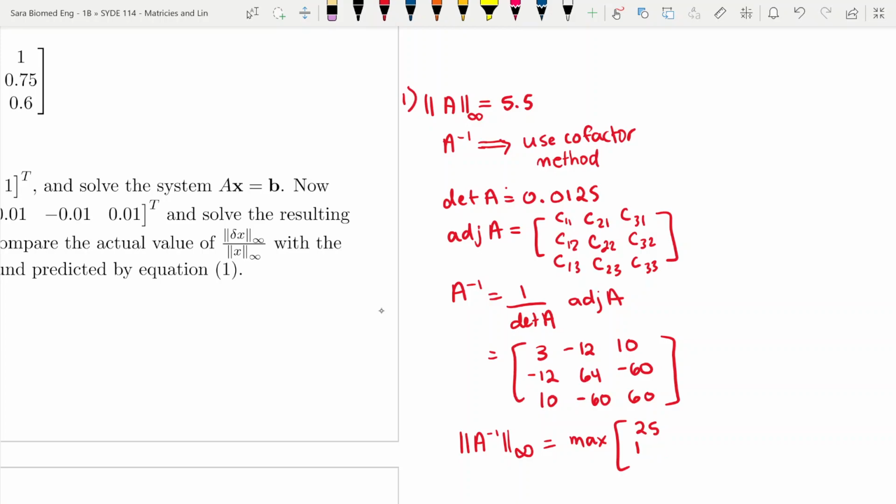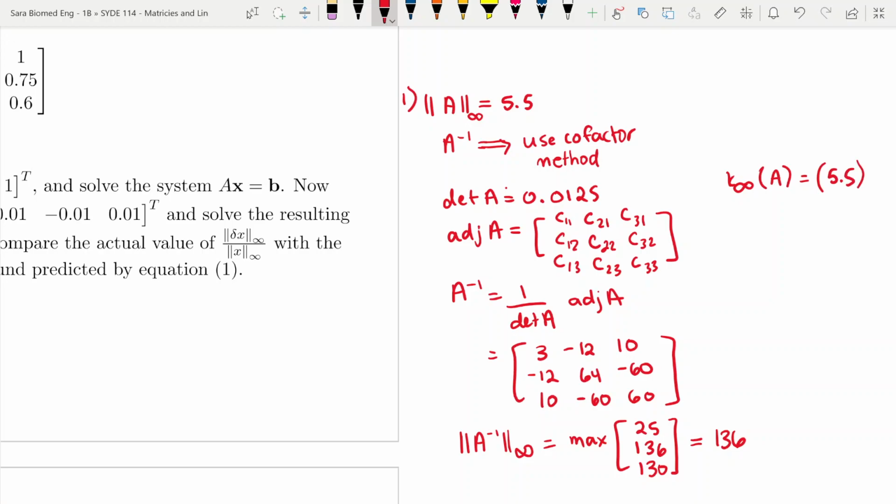Okay? And the inf norm of A inverse is the max of, we're going to look at this matrix here, the sum of the first row in absolute value, 3 plus 12 plus 10, so it's 25. Second one is 12 plus 64, so it's 76, plus 60, so it's 136.